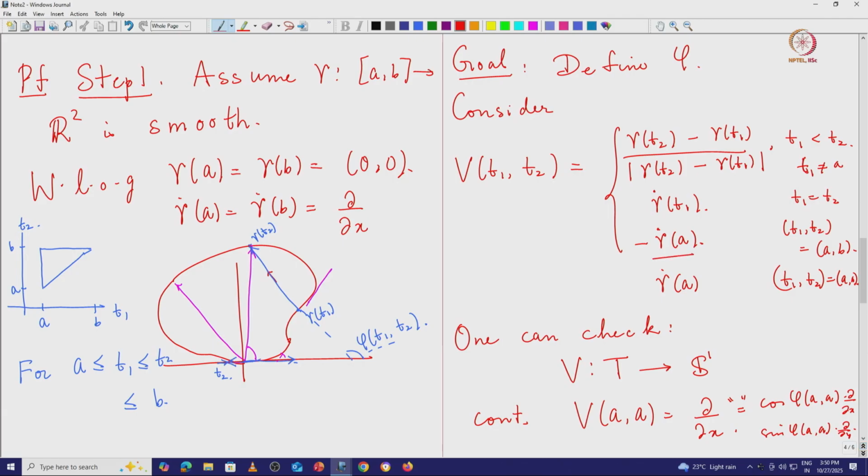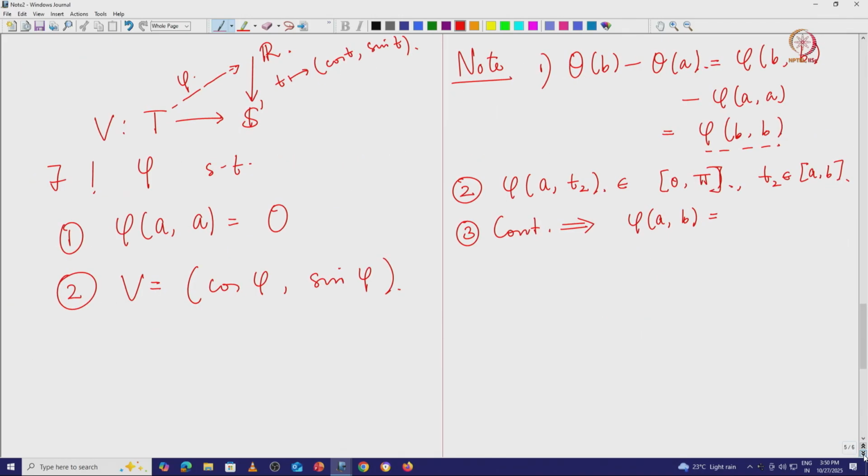So then clearly the only choice available for phi, if it has to satisfy this relation, because remember v of (a, b) is the vector (minus 1, 0), is that it has to be pi.